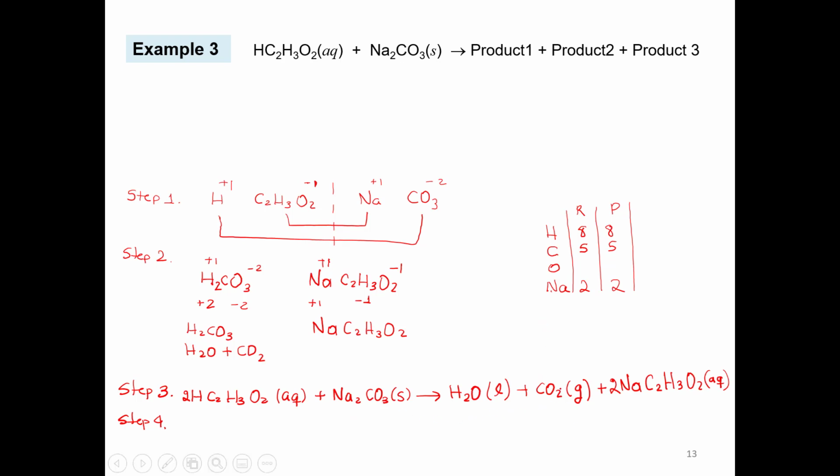Let's see now what happened with oxygen on this side. We had 1 plus 2 is 3. And 2 times 2 is 4. Then 1 plus 2 is 3 plus 4 equals 7. Then we had the same number of oxygen on both sides of the equation. Now we can see the equation is balanced, and this is the equation that results when acetic acid reacts with sodium carbonate.